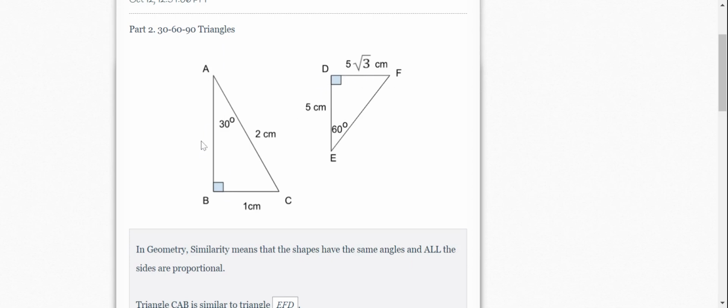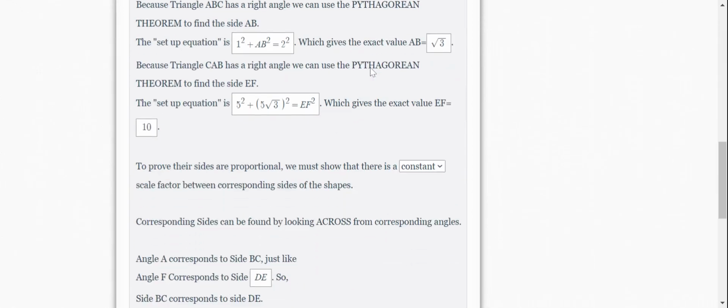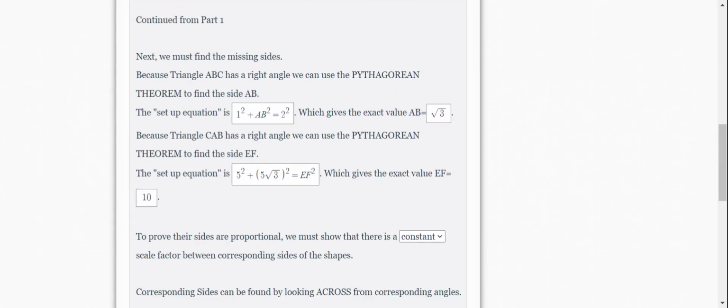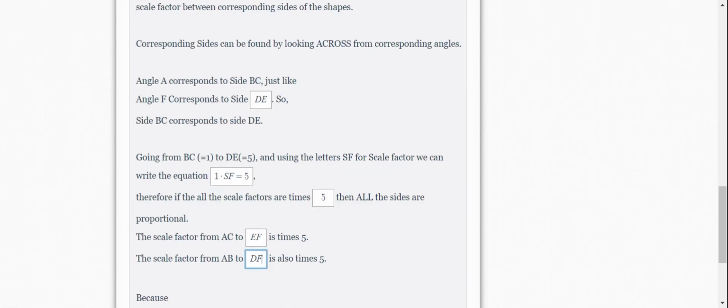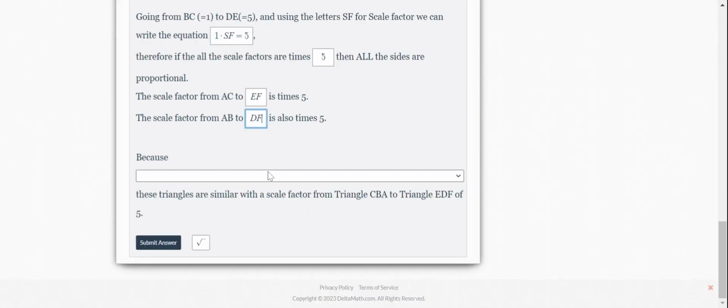Notice we found a square root of 3. 5 times square root of 3 is 5 root 3, so that's DF. And then because all of the sides are proportional and all the angles are congruent, these triangles are similar with a scale factor of 5.